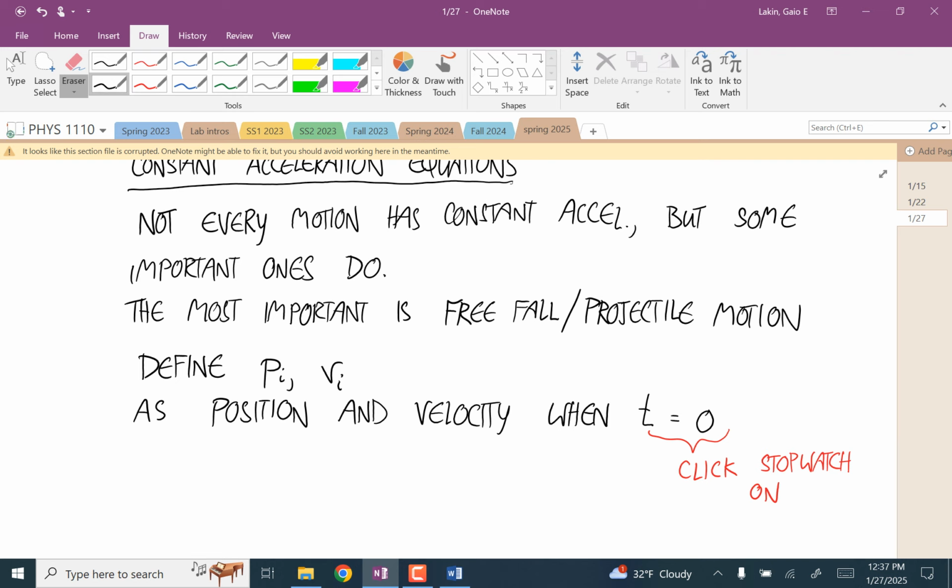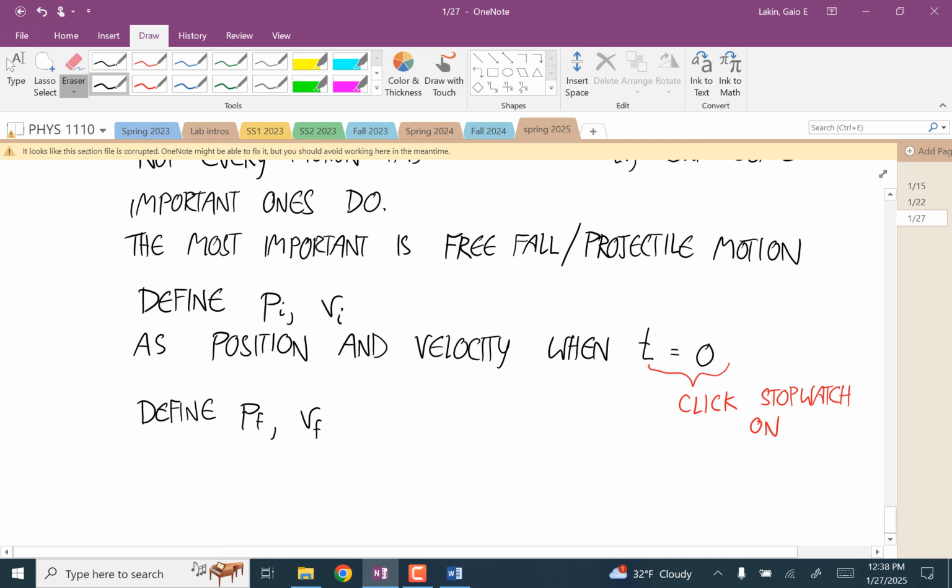And then we'll define PF and VF. I is for initial. That's why those I's are there on the first one. The F's are for final.